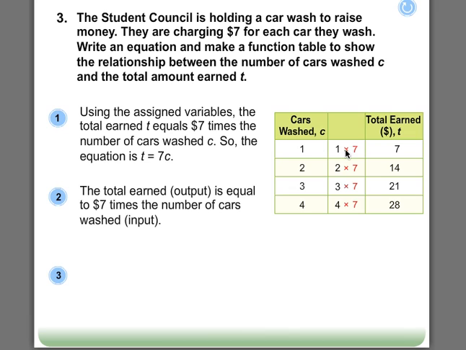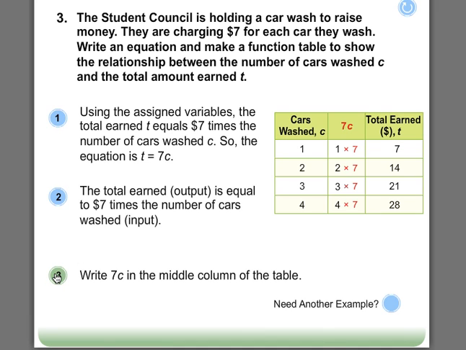If I washed 1 car, they give me $7. When I wash another car, I get another $7, and so on. So after I've washed 4 cars, I've got $28. So we're going to write 7C, or 7 times C, in the middle column of the table, because that is our function.